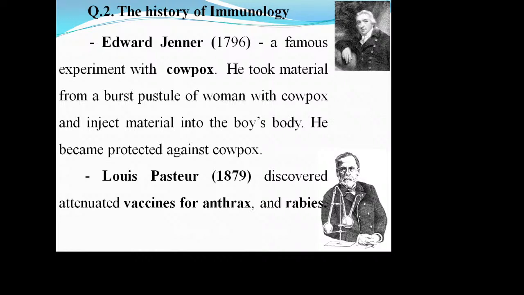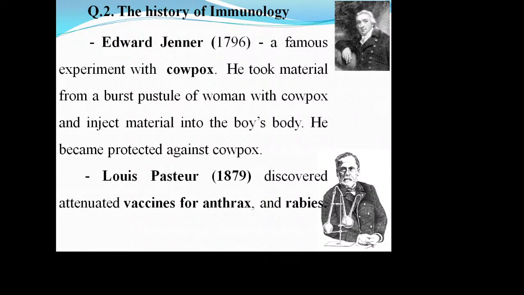Then the next scientist was Louis Pasteur. You know his name from microbiology. Louis Pasteur was a famous great French scientist, bacteriologist, who is considered a father of microbiology, a founder of microbiology.